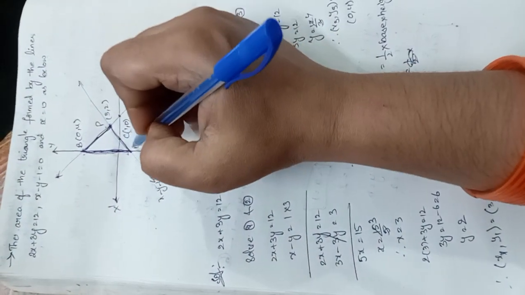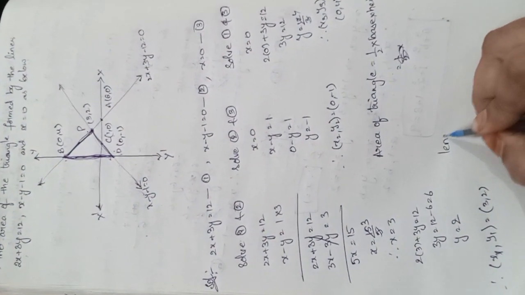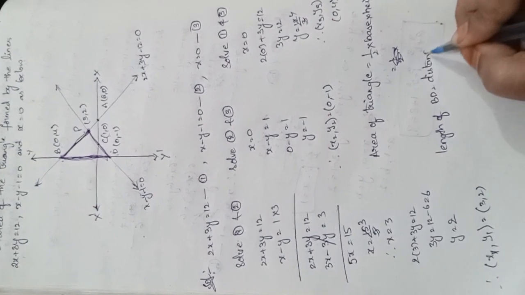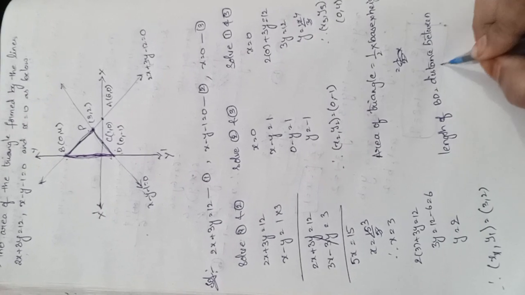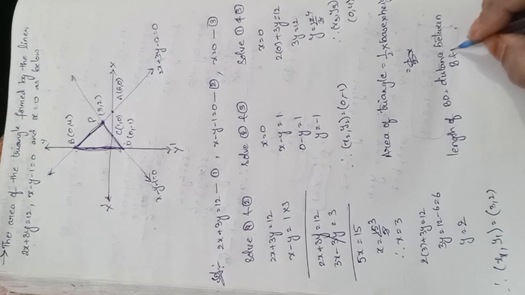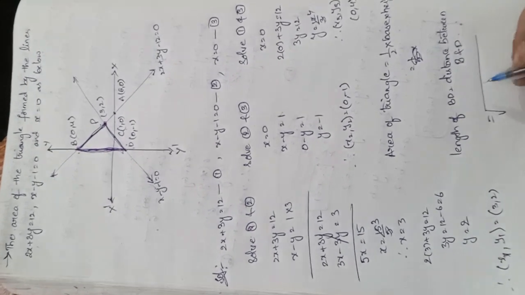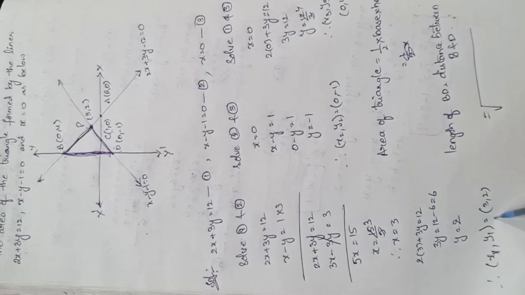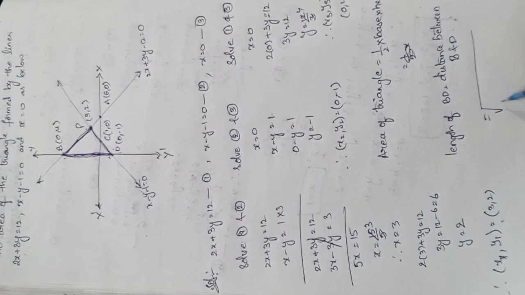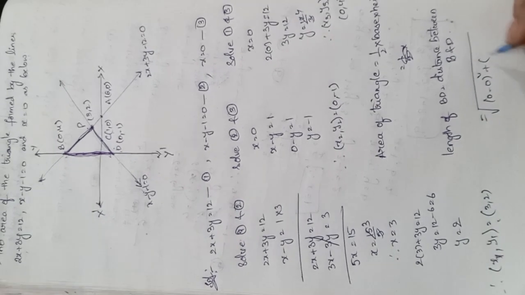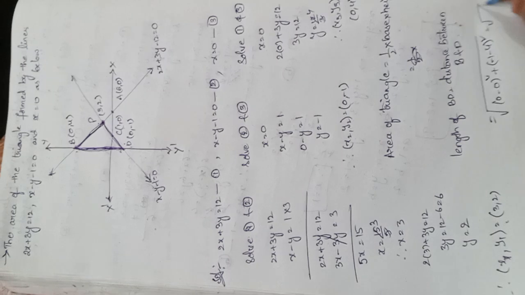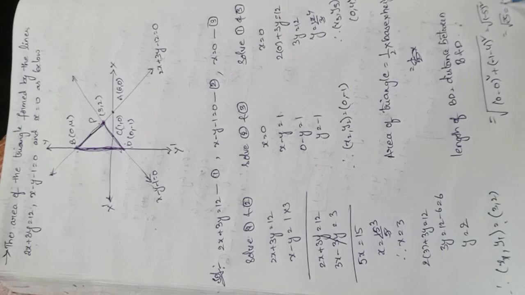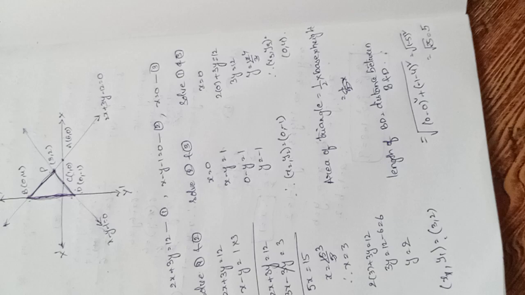The length of BD, which is nothing but the distance between B and D. That equals the root of, B and D means these both, (0 - 0) whole squared plus (-1 - 4) whole squared, which equals the root of (-5) whole squared, which equals root 25, which equals 5. So that is the base.